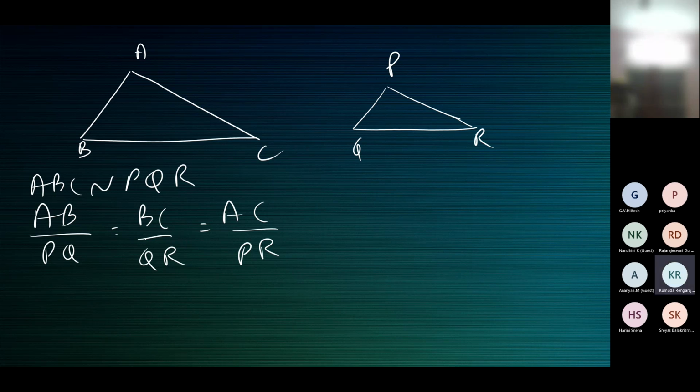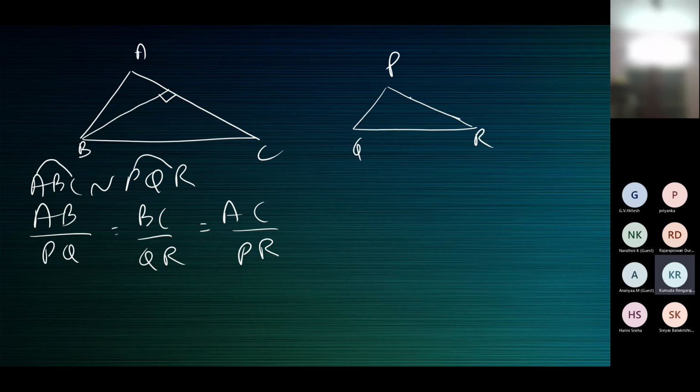Now, when we say altitudes on the corresponding sides, okay, so now if I take the altitude on AC in the first triangle, supposing I draw this one, altitude on AC, AC corresponds to which side? AC corresponds to PR.